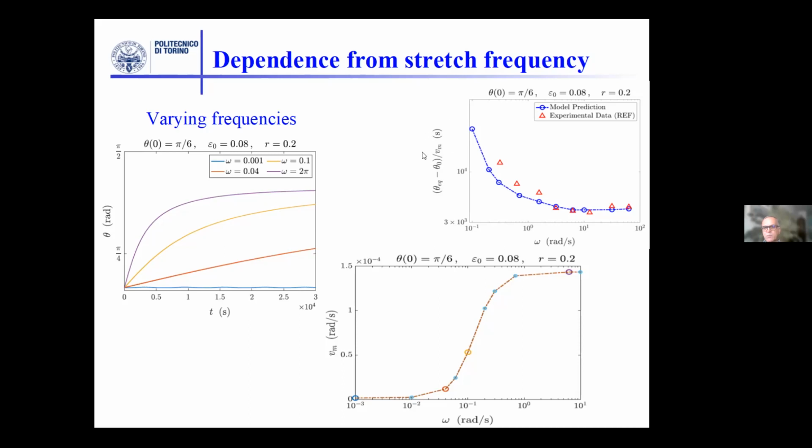And if you compute the timing to reach equilibrium and compare with the experimental data, the fitting is pretty good, and you have the same trend. And this last triangle relates more or less to a transition from a region in which you have a constant velocity to reach equilibrium, to another one in which the velocity is incredibly small.